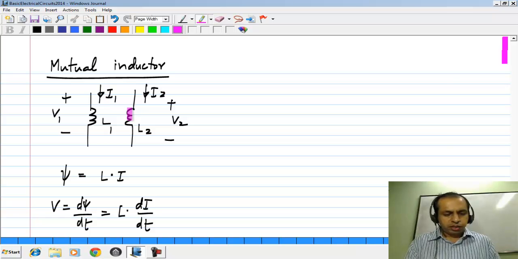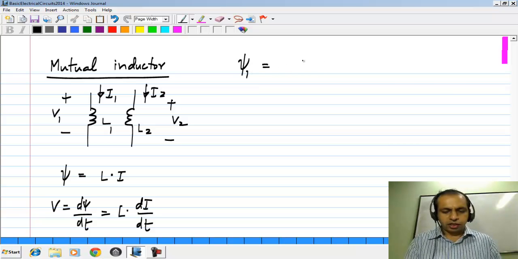They can be arranged to be close enough to each other such that when you pass a current I1 through L1, it induces a magnetic field in L2 and causes some flux linkage there as well. Okay. So the flux linkage in inductor L1 is related to I1 as well as I2, and similarly the flux linkage in L2 is related to both I1 and I2. Okay. So this is possible because the magnetic field in an inductor can spread outside the physical extent of the inductor.